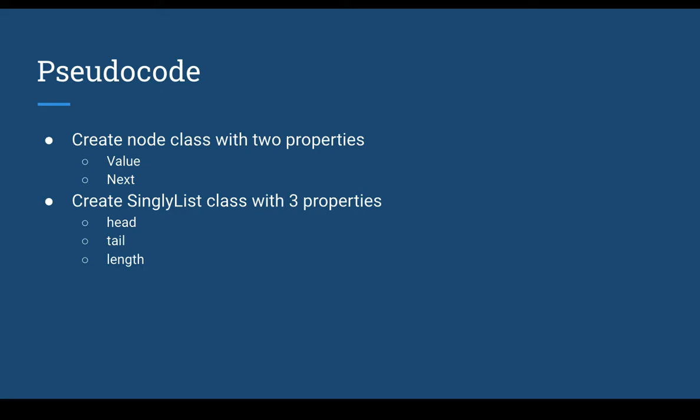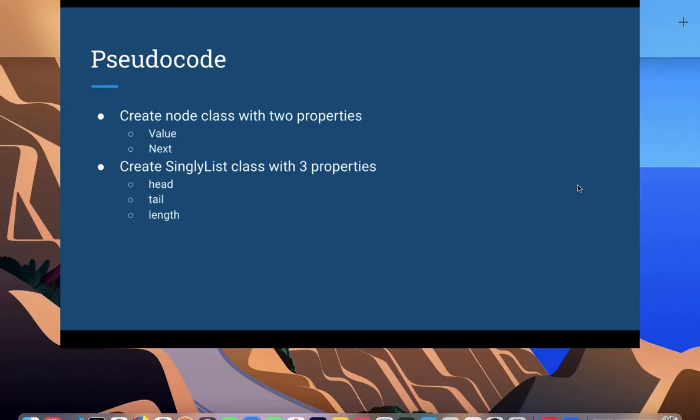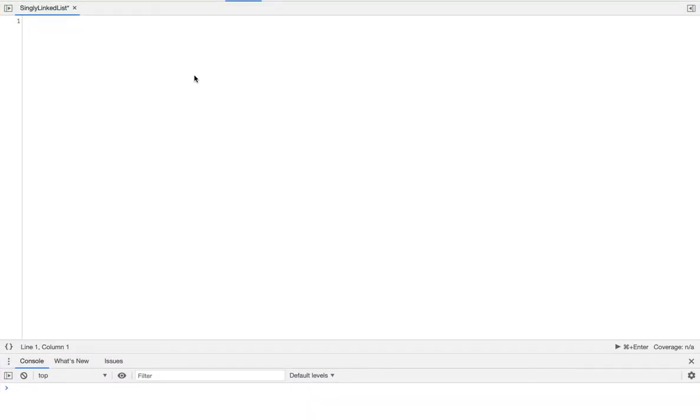One called the head, which is going to keep track of the first node in the list, the tail to keep track of the last node of the list, and the length, which keeps track of the total number of nodes inside our list. So let's go ahead and build out this basic setup.